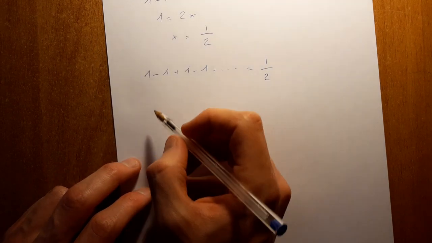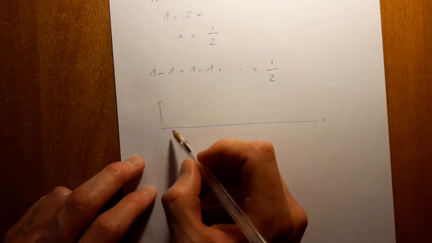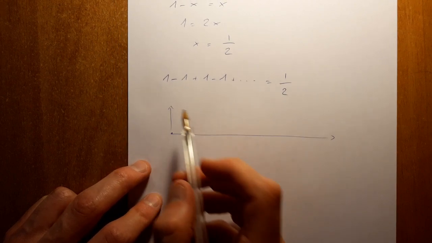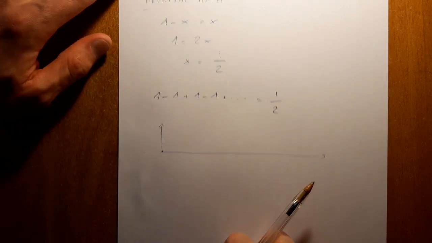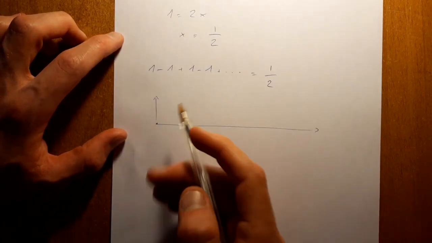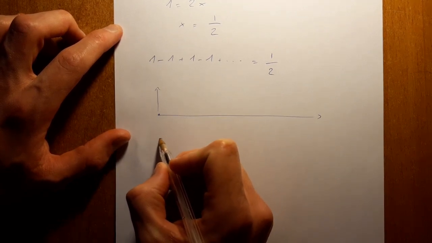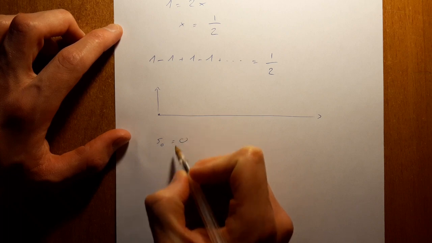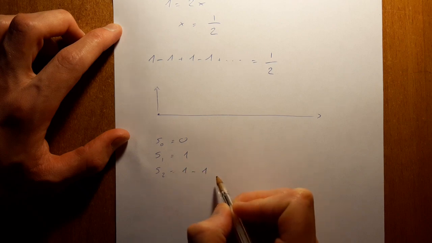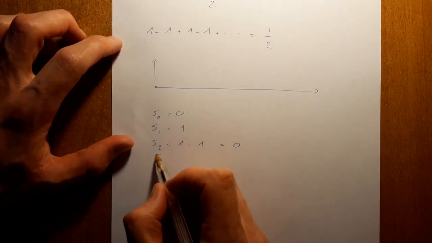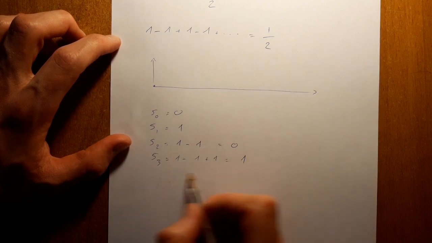We can also make a line graph. We start at 0, because before the first term is added, the partial sum is 0. So S0 is 0, S1 is 1, S2 is 1 minus 1, which is equal to 0, S3 is 1 minus 1 plus 1, which is 1, and so on.